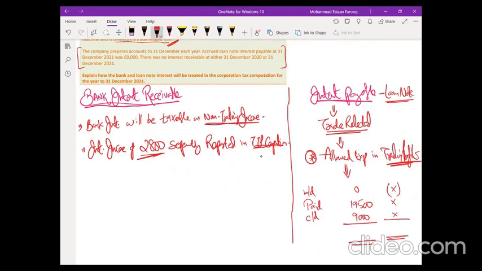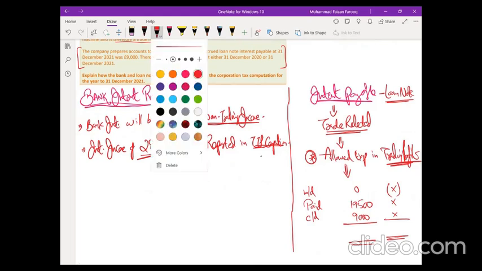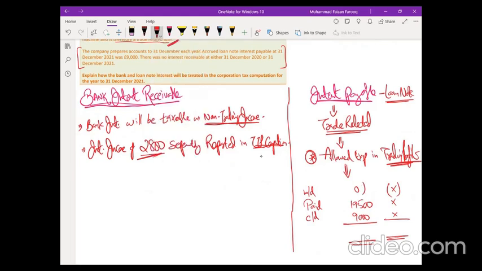If you learned accruals in your earlier studies in financial accounting, the same thing is happening here. BD is deducted, paid and CD will be added, and the answer will be the allowed expense from your trading income. 19,500 plus 9,000, it will be 28,500. And this is the amount which is an allowed expense.